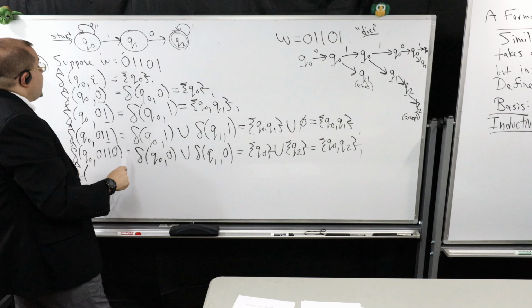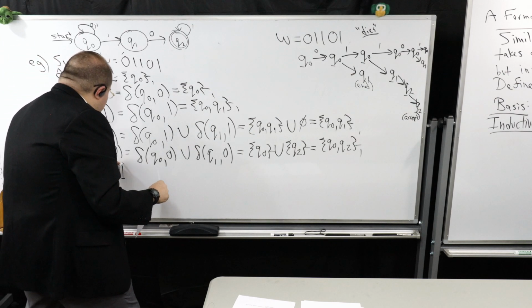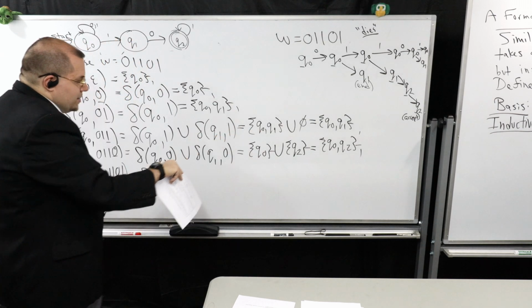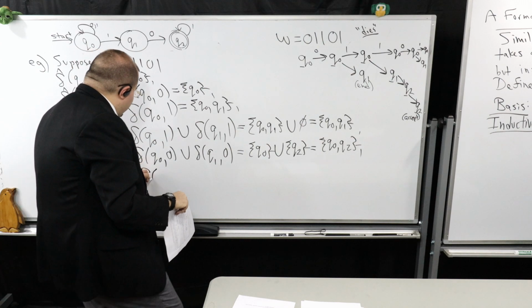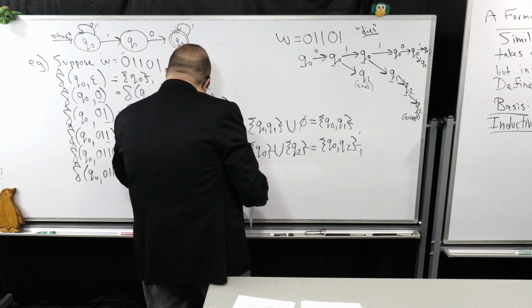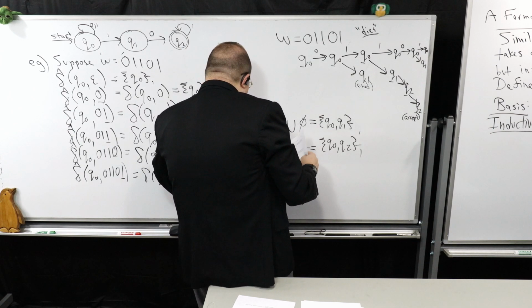So delta hat, now we have the last symbol here, of Q0, 0, 1, 1, 0, 1. So this is w. I'm going to take each one of those and apply the transition on symbol 1: delta of Q0 on 1, union delta of Q2 given 1.